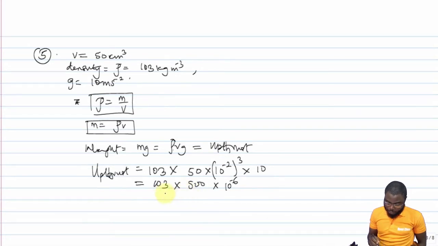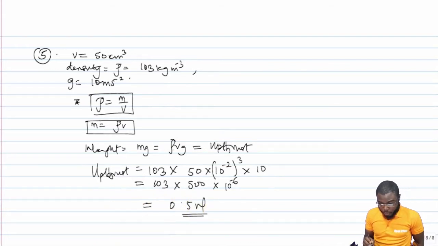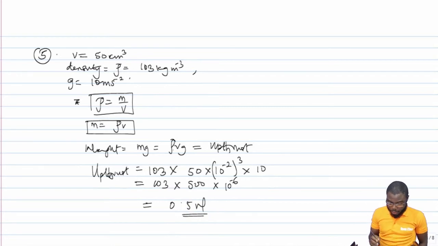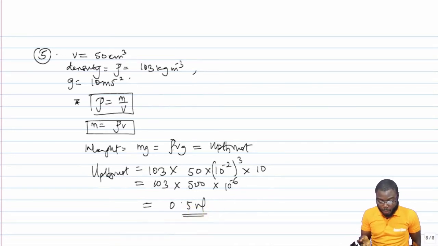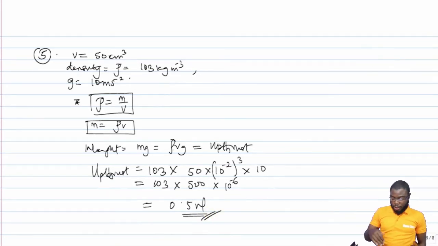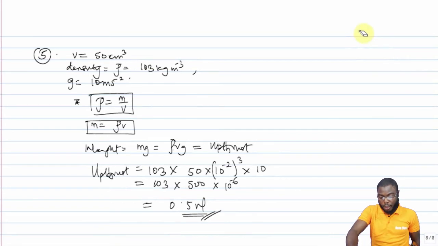Are you getting it? So you have this to be equal to 0.5 Newton. Do your calculation. So your options, you have 0.8 Newton, 2.5 Newton, 0.5 Newton, and 1 Newton. So this is the closest to it. That should be an approximate answer, not the real answer.